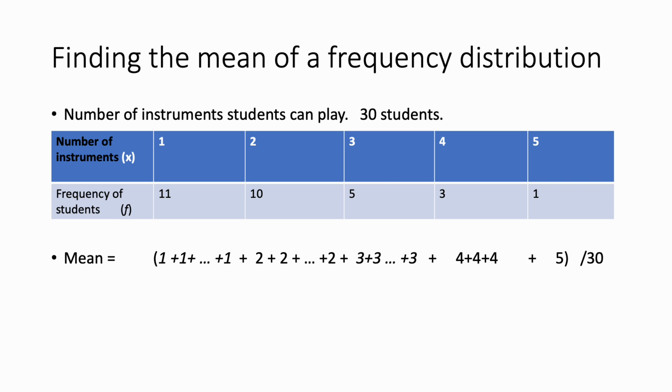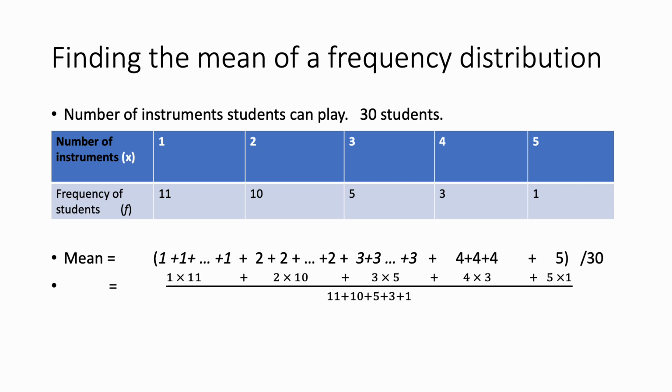But wait a minute, why can't we write it more compactly? I said add 1 11 times. So if that is the case, I can rewrite it as 1 times 11 plus 2 times 10 plus 3 times 5 plus 4 times 3, and finally 5 times 1.